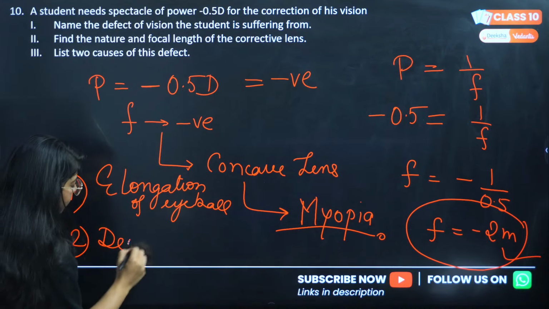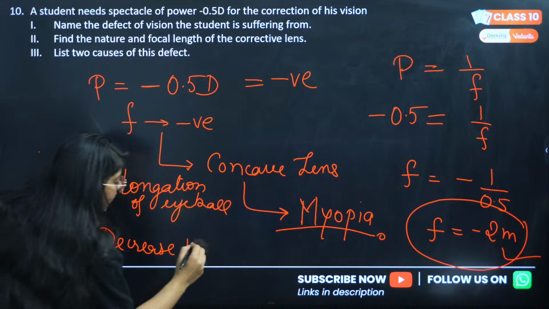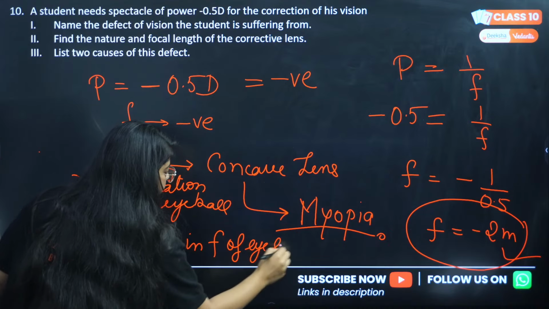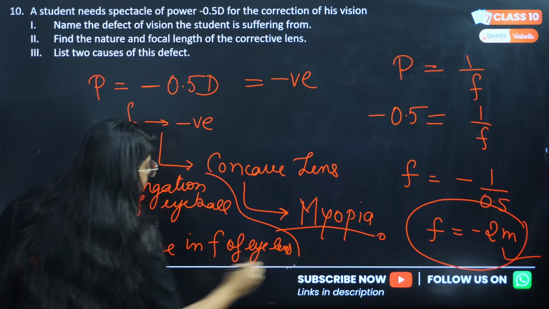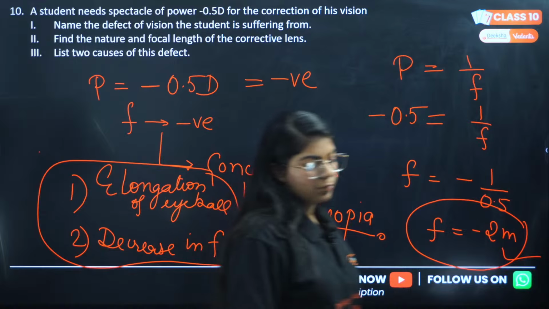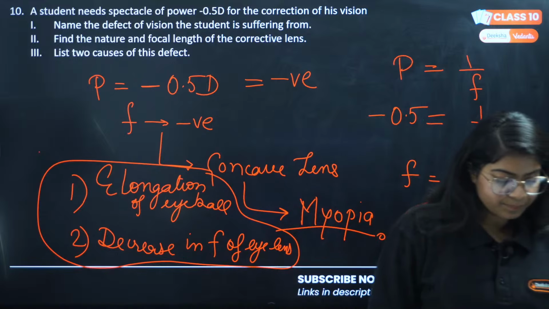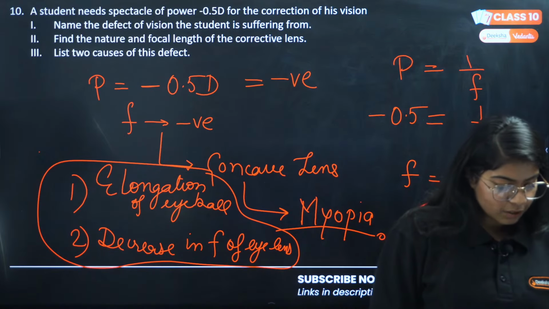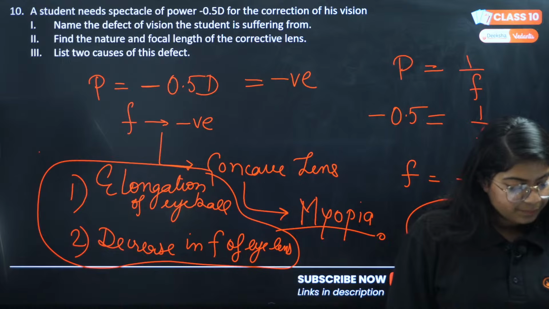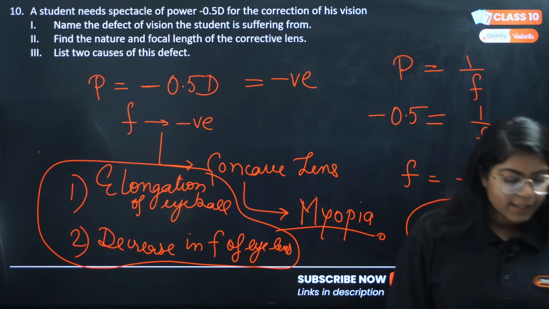Decrease in focal length of eye lens. Correct? Decrease in focal length of eye lens or elongation of eyeball. Correct? Front of retina, Avika also said front of retina. Very good, everyone.